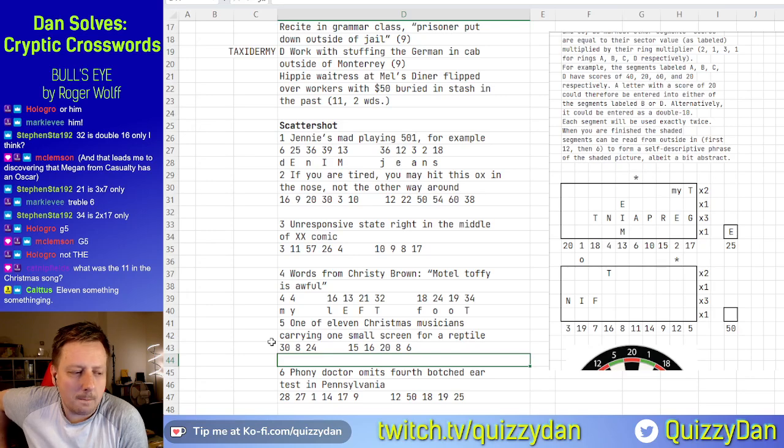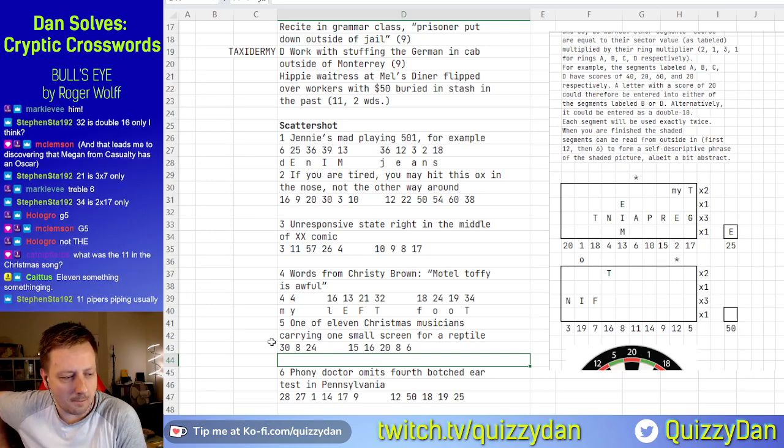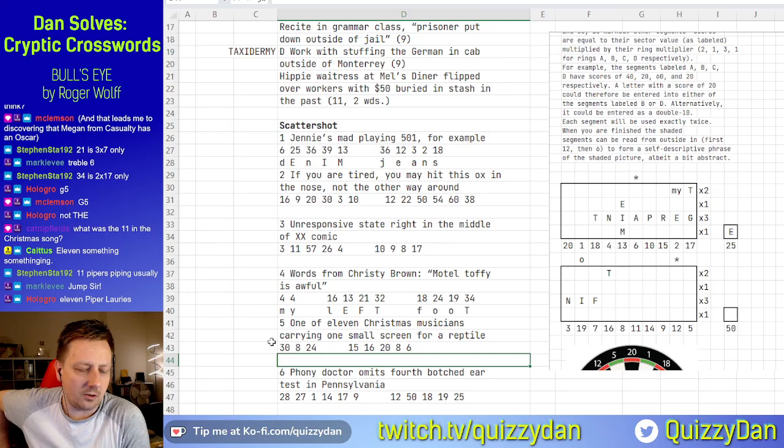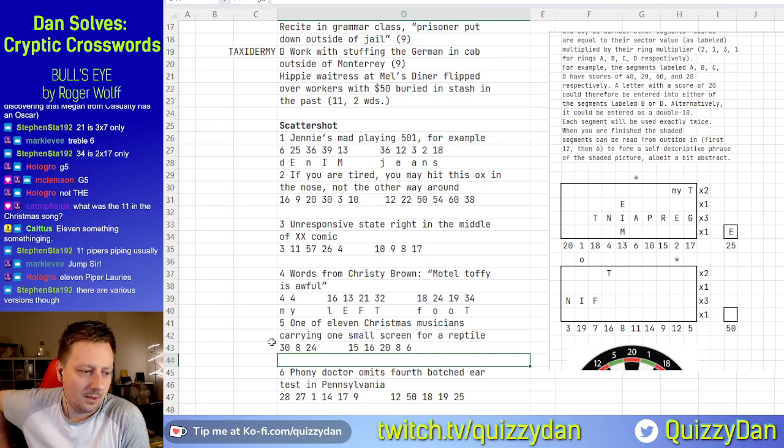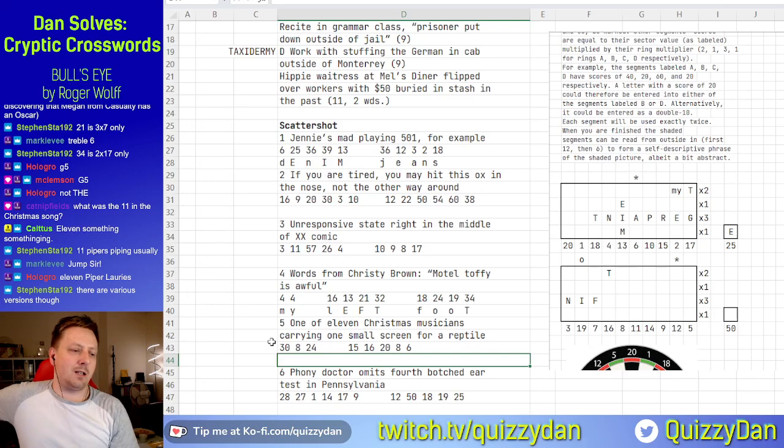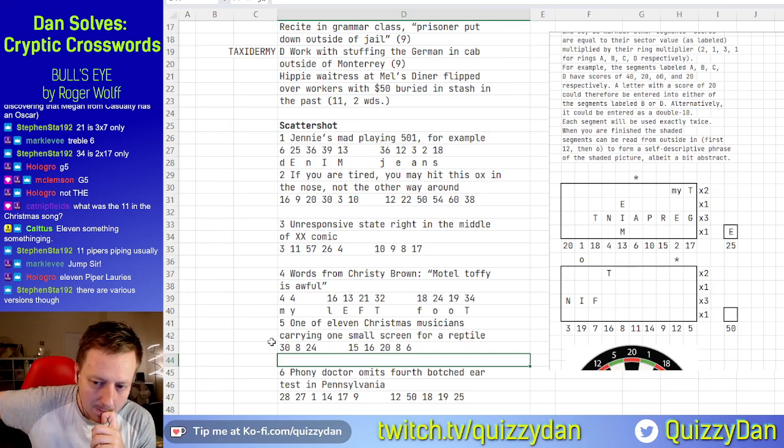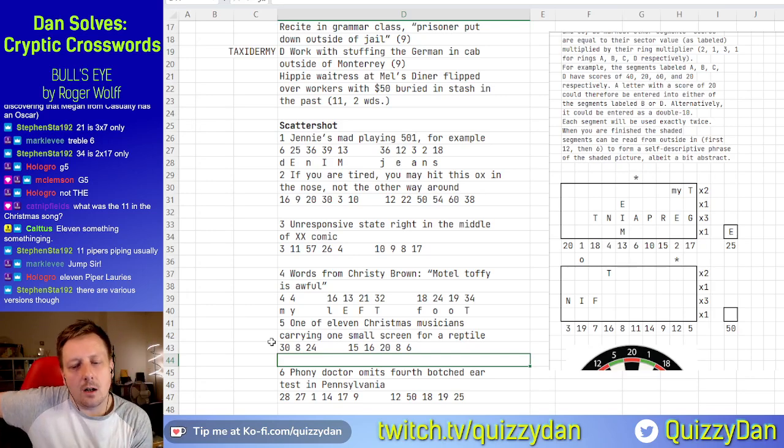I thought it was pipers piping, then drummers drumming. Maybe it's piper. One of 11 Christmas musicians, so it would be a piper carrying one small screen. So maybe IS. So we need a reptile, I think. In this sense, you could probably get away with it. It's not a big money quiz. It's always a problem for big money quizzes.